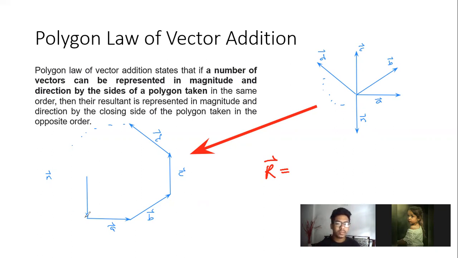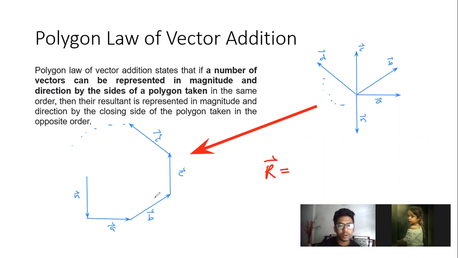Okay, now just consider the polygon law of vector addition. When we construct this polygon, the resultant is the vector drawn as the closing vector, right? So this is the nth vector.